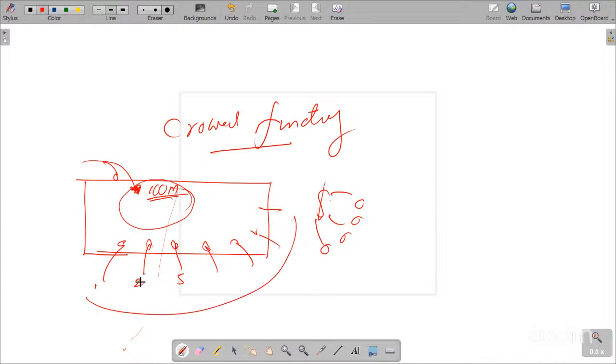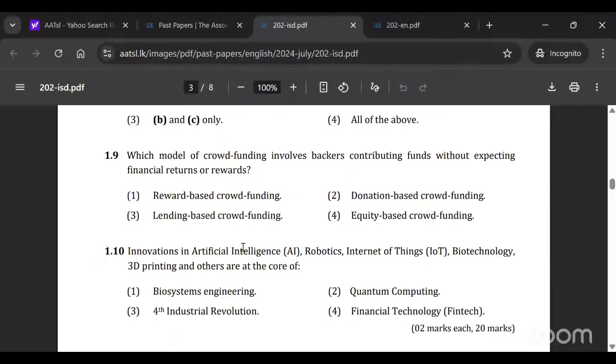There are different modes of crowdfunding, right? Let me explain through the answers. Reward-based crowdfunding is they are funding and expecting a reward for this particular contribution.